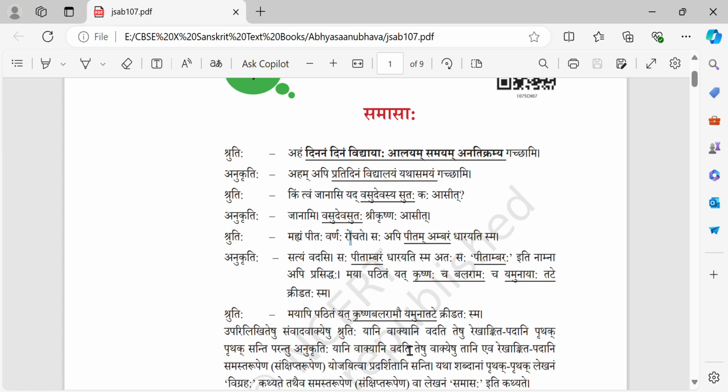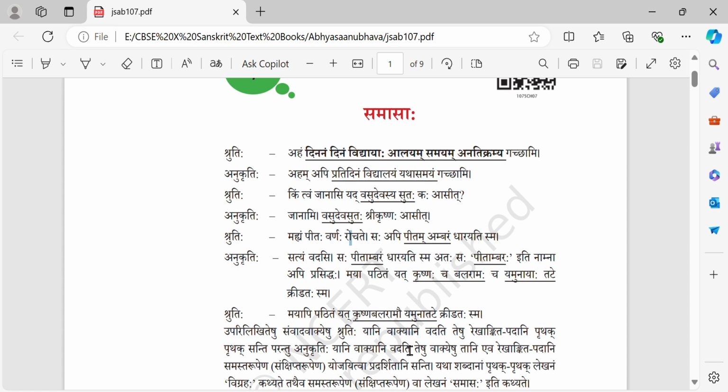So, I repeat, in Vigraha Vakya, always Vibhakti is added. If we split the word according to vibhakti based on the meaning of that particular word, we call it Vigraha Vakya. If we combine the words together, dropping all the vibhaktis, and make it into one word, we call it Samasa.